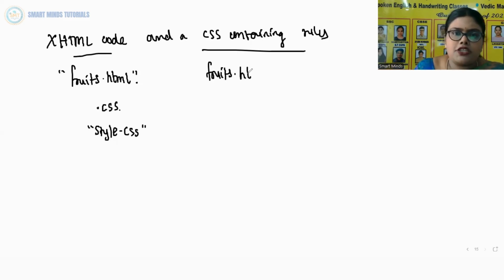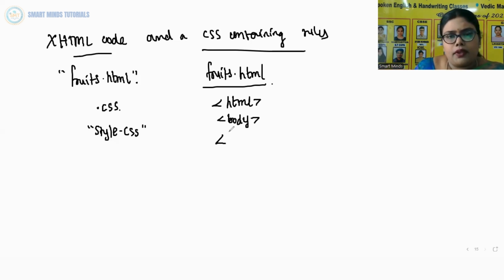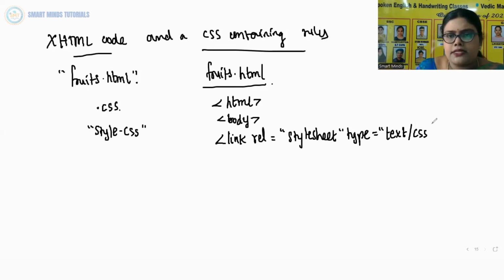So fruits.html. Now we need to give the HTML tag, then the body tag, then the link element. REL is an attribute of the link element. In double quotes, we give stylesheet. Then type is equal to text/css, quotations close, href equals style.css.